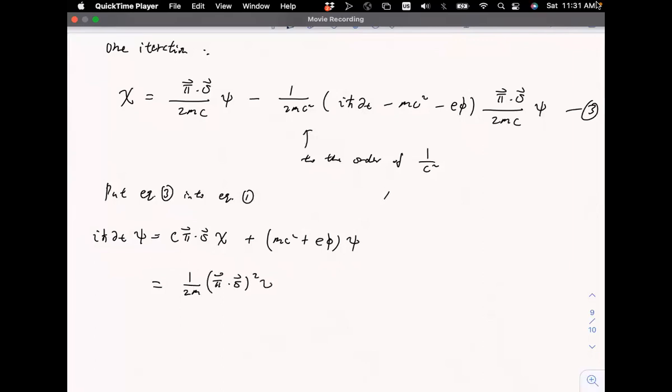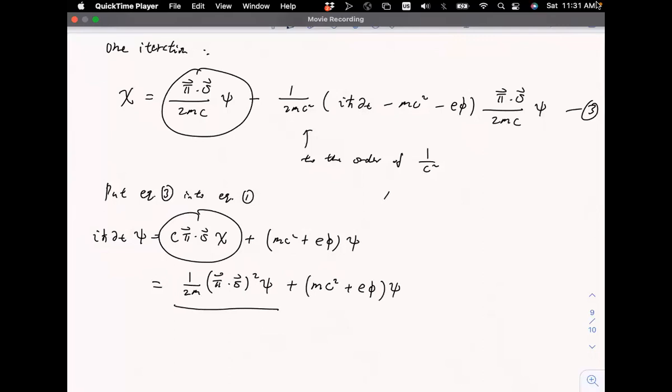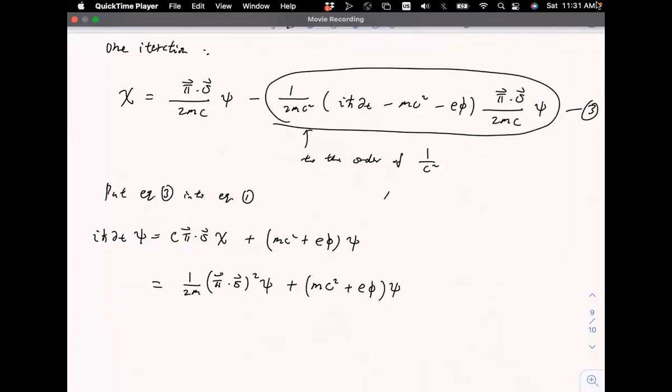a term like this, and then you have MC squared plus. Okay, this is just this term. So what is this term? You take this, and then you combine with this, then you get this term. Then later, you're going to have this term times this.